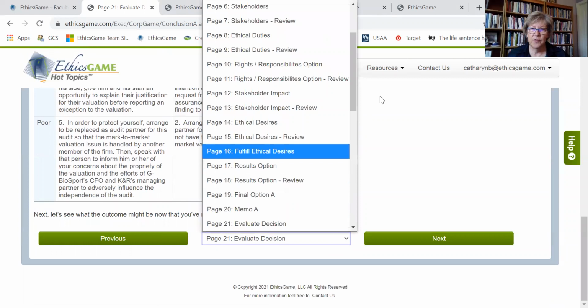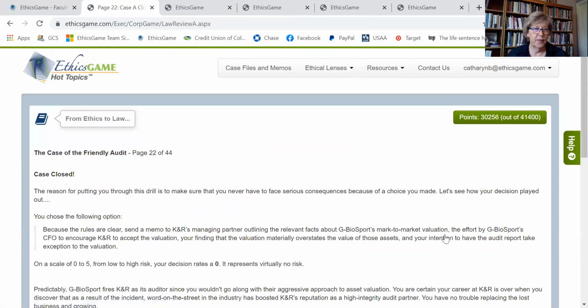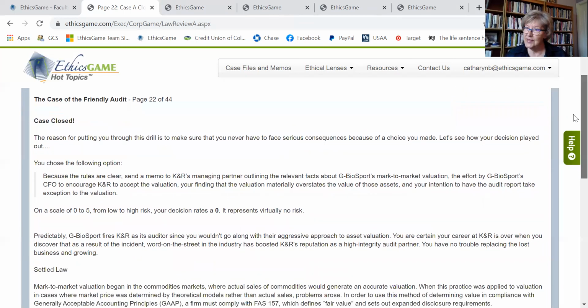And then we take you down to the final page, which is called case closed. Now, when I first designed this, I called it the orange jumpsuit page, because this is the place where we really talk about the way the law intersects with this particular problem. You give a little bit of story, you begin to see what possible repercussions there are.